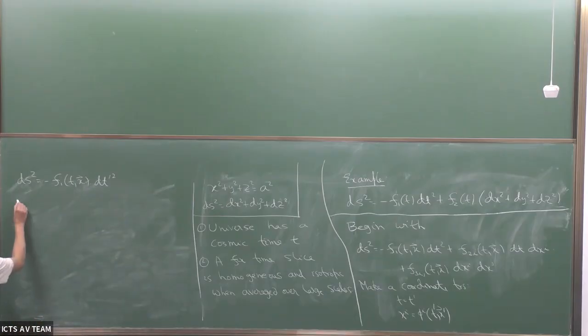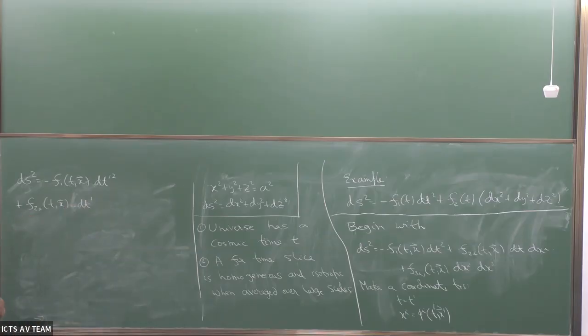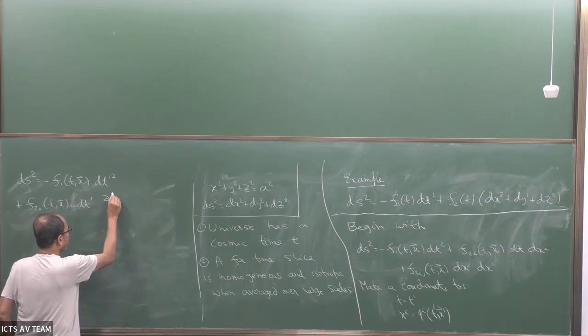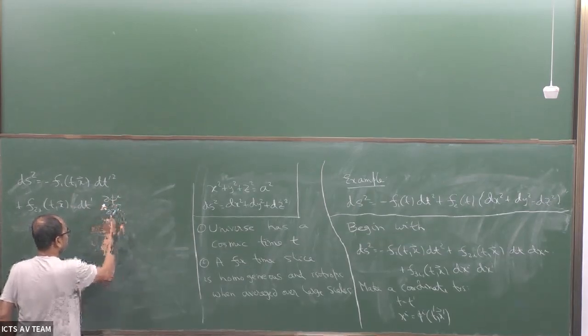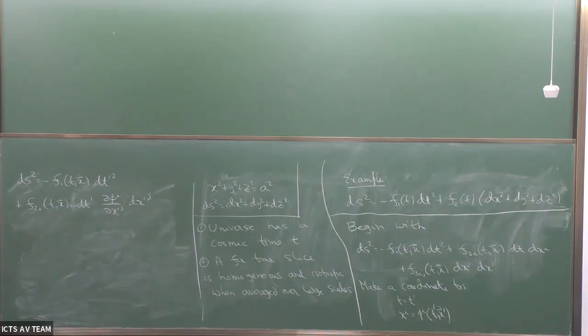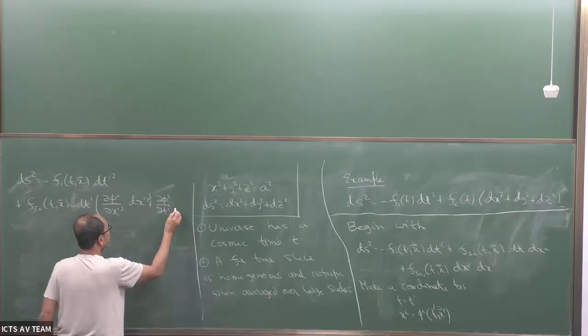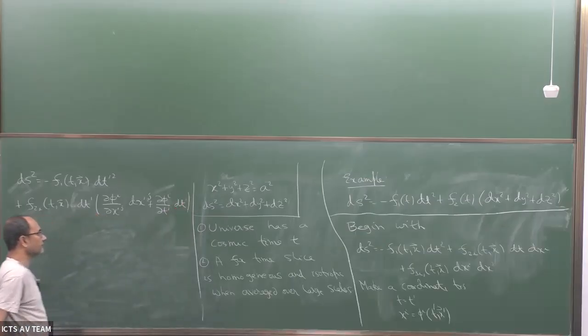Then the second term becomes f2i dx, and then dt becomes dt prime, and the dxi becomes del phi i by del x prime j dx prime j, plus del phi i by del t prime dt prime. Is this clear?